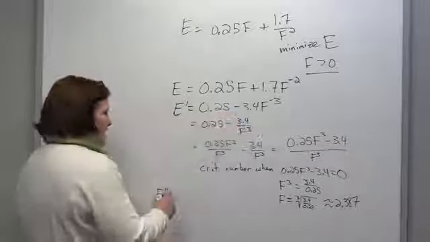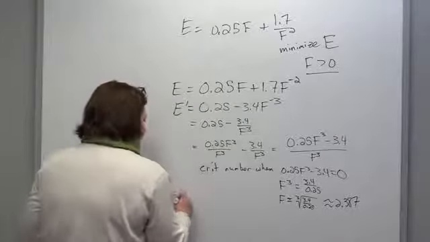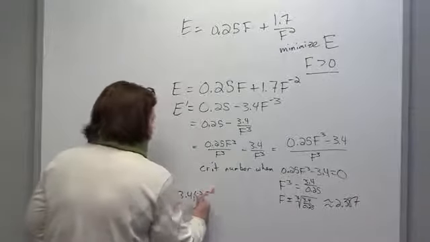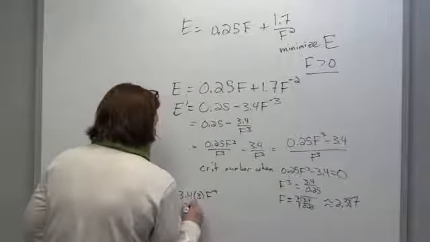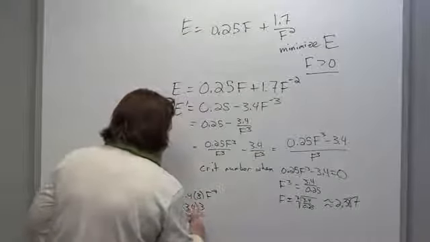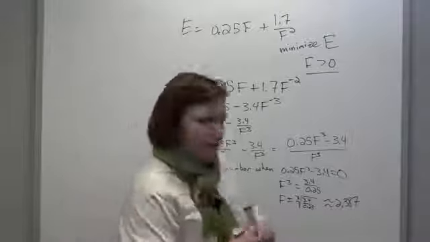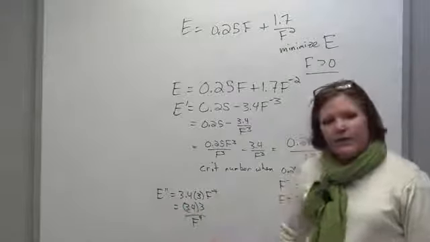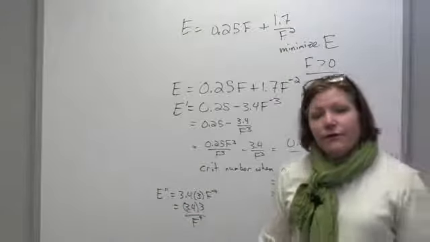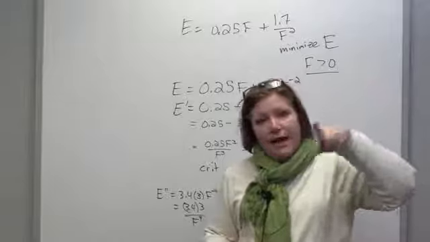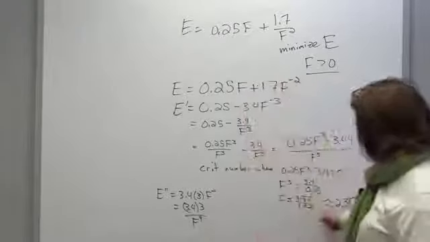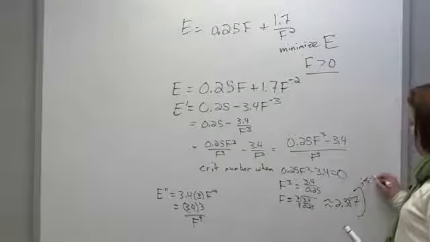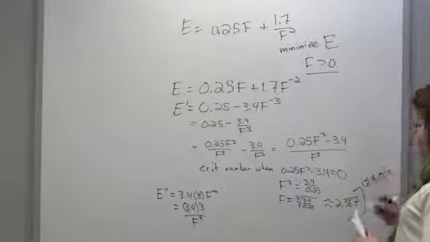The negatives cancel, and we end up with positive 3.4 times 3 F to the negative 4, or 3.4 times 3 over F to the 4th. So what does that tell us? That tells us that the second derivative is always positive, so the function is always concave up. So this tells us this is a minimum.